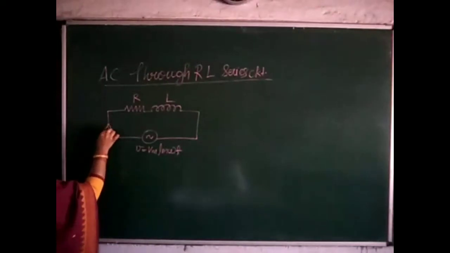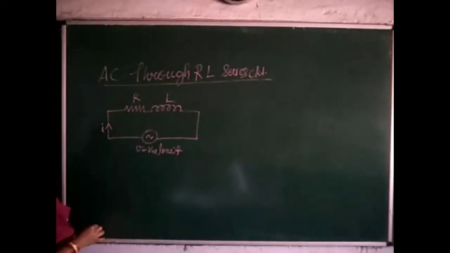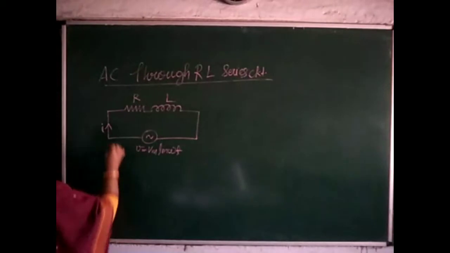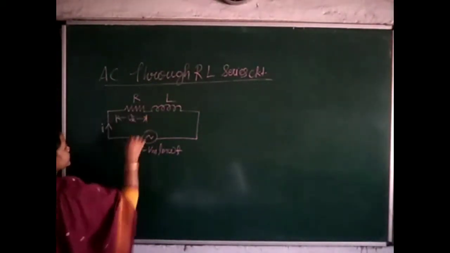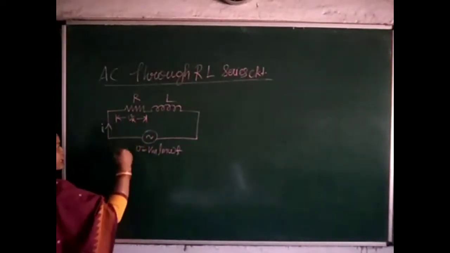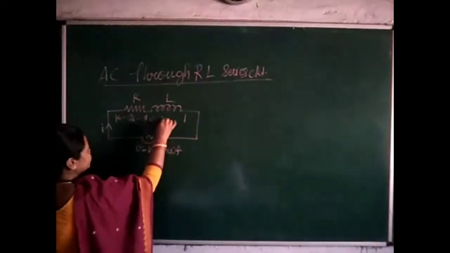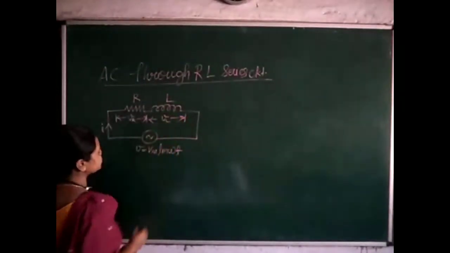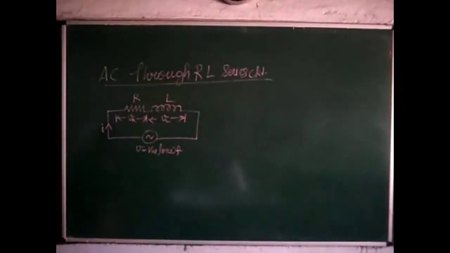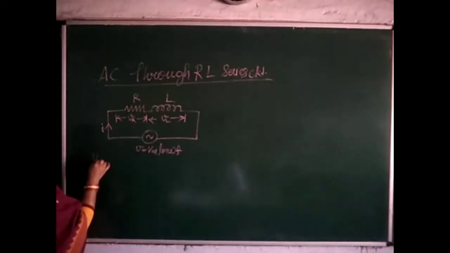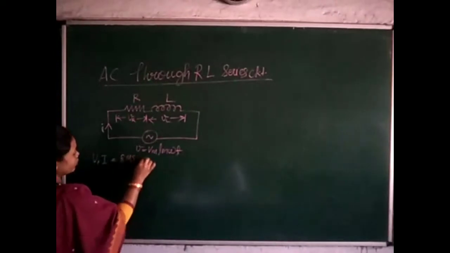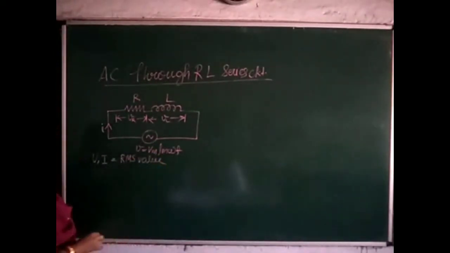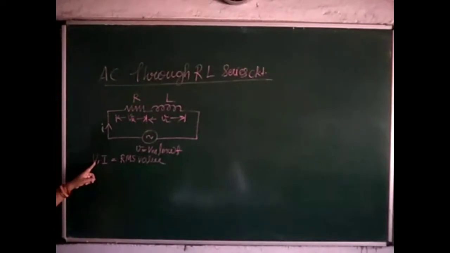So current I is flowing through the closed circuit, due to which voltage VR is dropped across the resistor R and voltage VL is induced across the inductor L. Here capital V and I are the RMS values of supply voltage and resulting current.